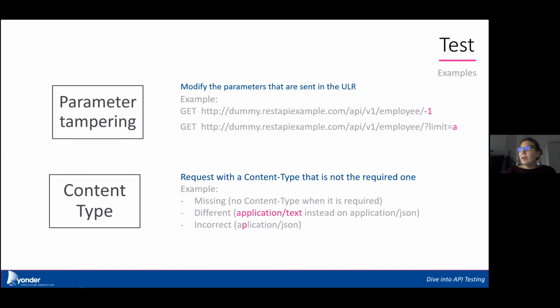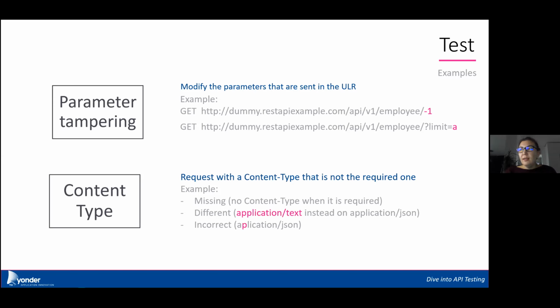The second one is related to the content type, but also to the headers. In order for our request from the client to the server to function, we need to send a specific content type in our headers, because the server will accept the request only if it has the proper content type. For example, in our dummy REST API, we have a JSON.